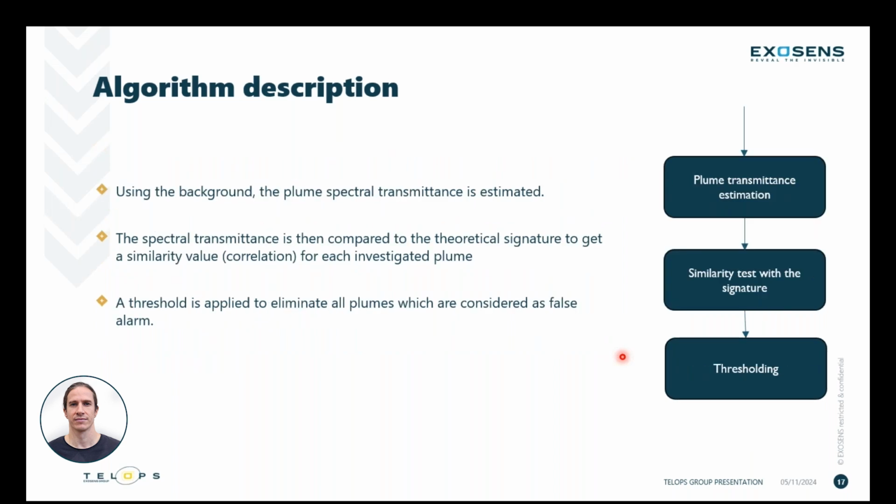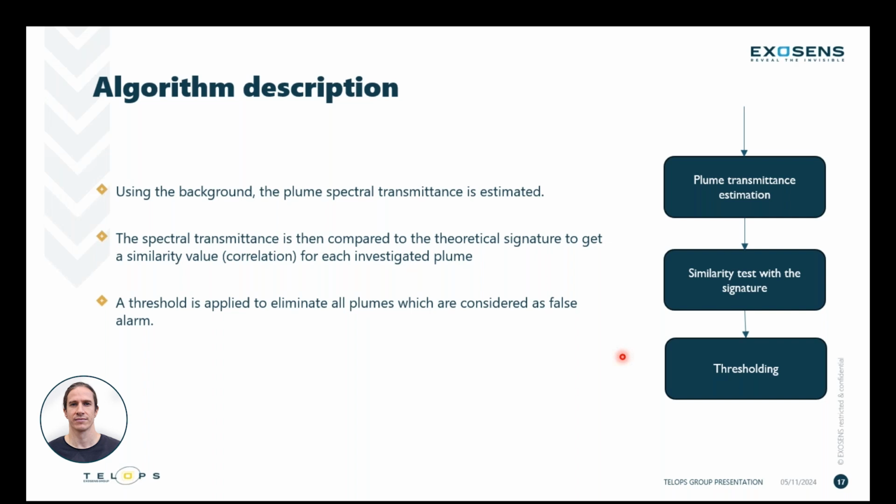Using that background radiance, we can compute the transmittance of the candidate plume and compare it to the theoretical signature that we're looking for. We calculate a similarity value for that, and we threshold that value according to a variable parameter. So that's basically the outline of the new algorithm.